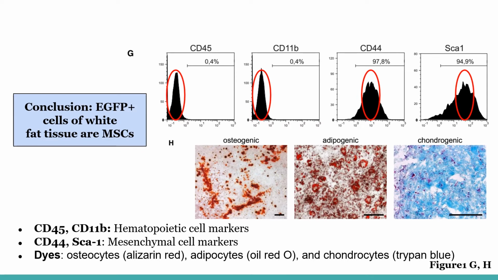Taken together, this research shows that the EGFP positive cells of white fat are MSC cells because they show the typical fibroblastic morphology, they express the mesenchymal cell markers, and they can differentiate into three lineages.